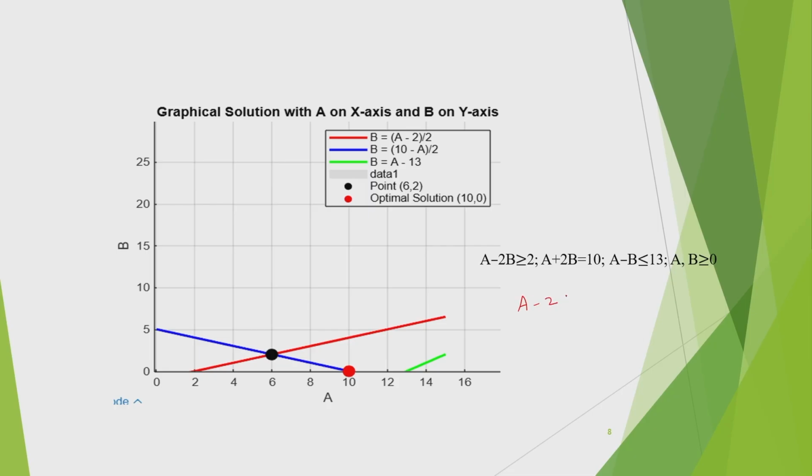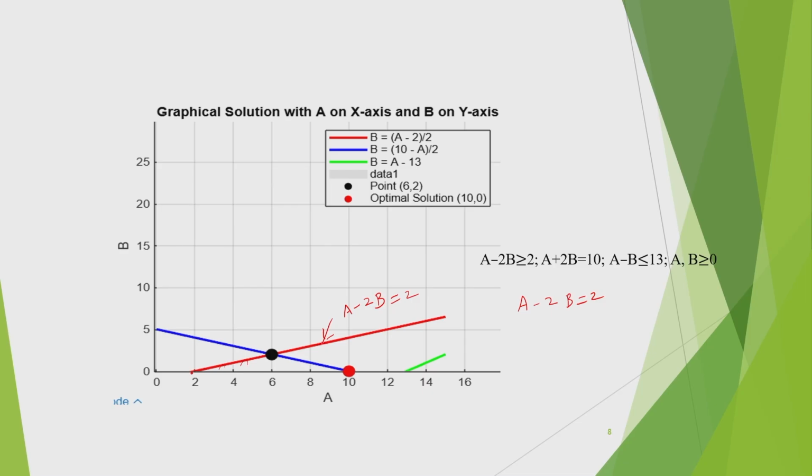A minus 2b is equal to 2, that means if b is equal to 0, a is 2. So this is the a minus 2b equal to 2 line, and a minus 2b greater than 2 means you have to be on this side.